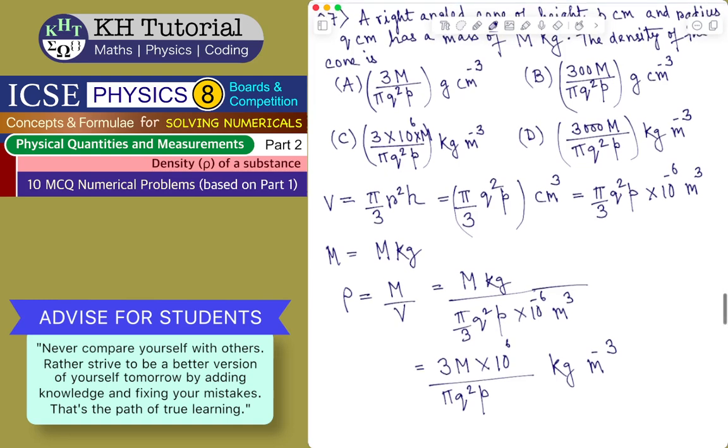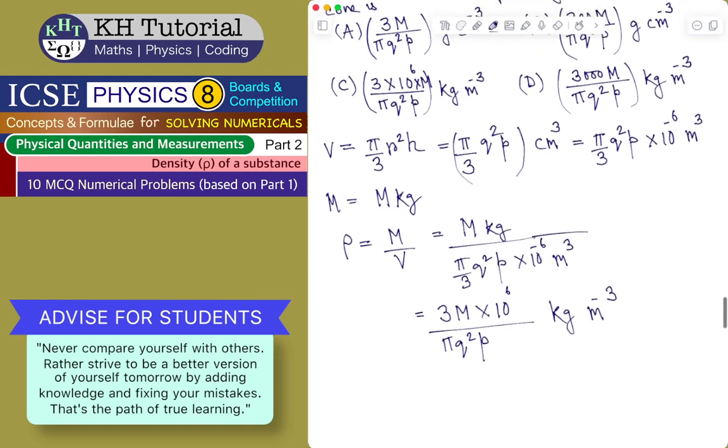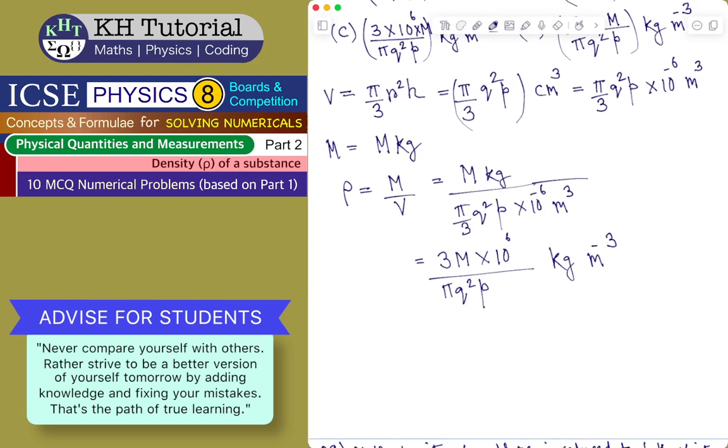Let's see what the value will be if we want to convert this value to the CGS unit. We know that to convert the value of density from SI to CGS, we just multiply the value by 10 to the power minus 3.